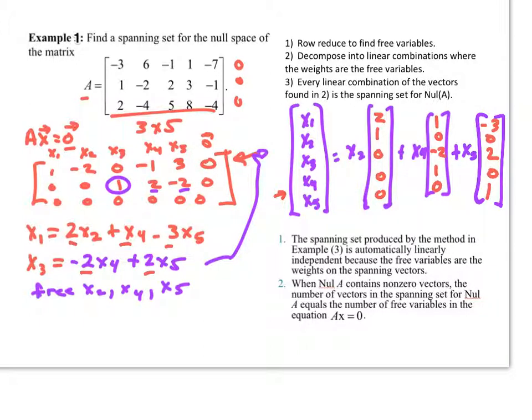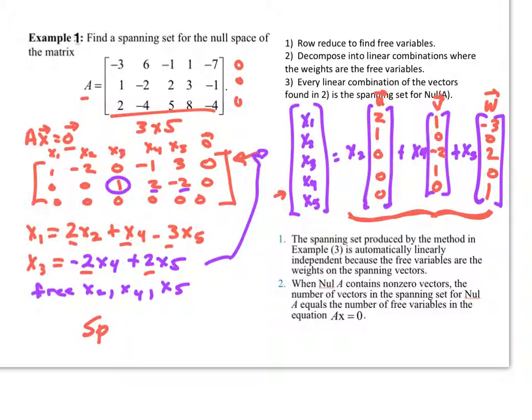Now, what is this right here? Well, this turns out to be a linear combination of vectors. This we can call u, this we can call v, this we can call w. So what happens now with these three vectors, u, v, and w? Well, that is our spanning set for null A. Any linear combination of these maps to the 0 vector, which is what we want for the null space.